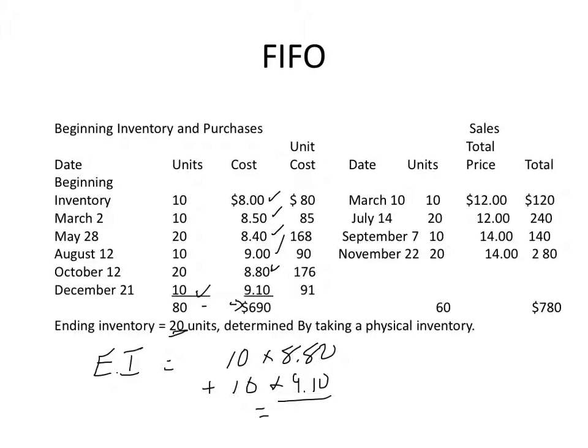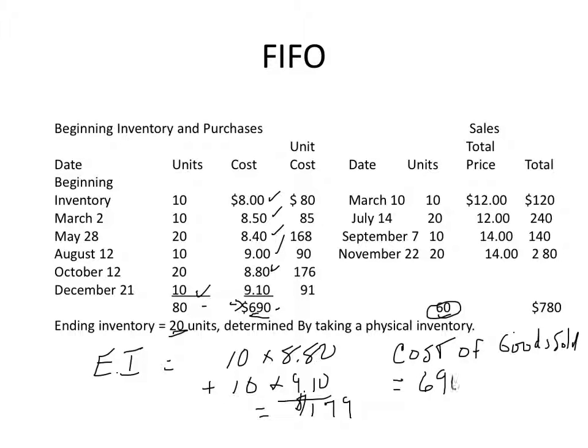And when I do that, it equals $179. Okay? So the ending inventory is $179. So the 60 that I sold, I had available. Cost of goods sold then is equal to the cost of goods available, which is $690, minus ending inventory, which is 179.